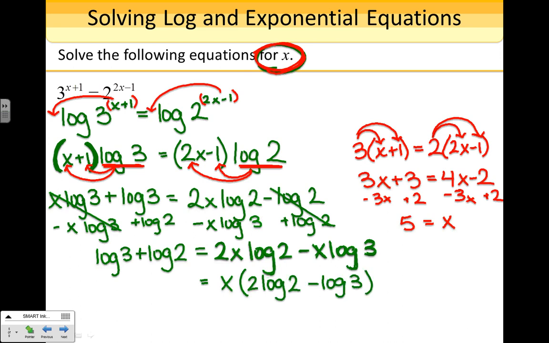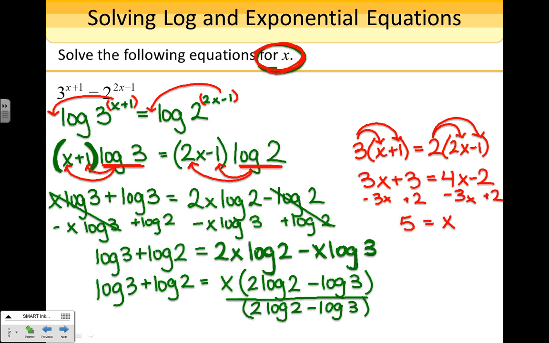So factor out an x from the right side, and now to get x by itself I can divide by all of this, 2 log 2 minus log 3.